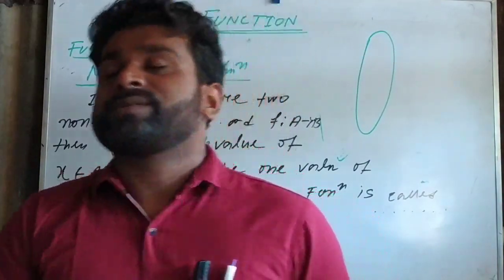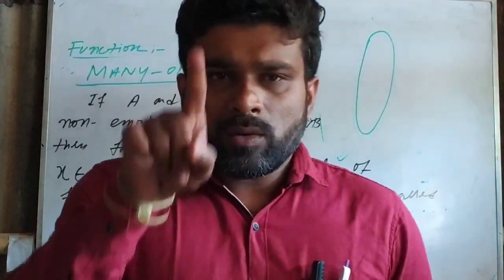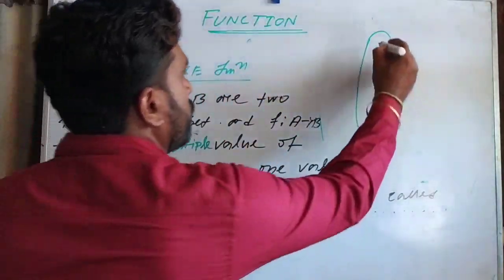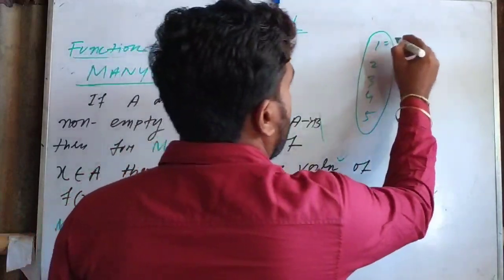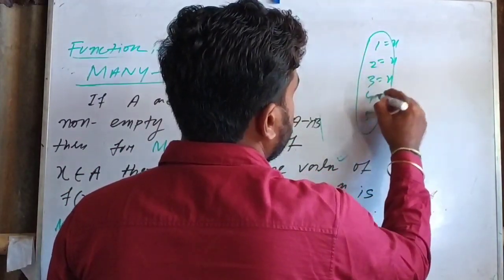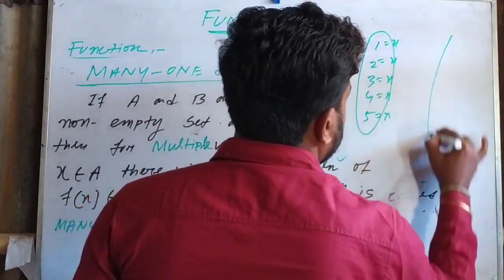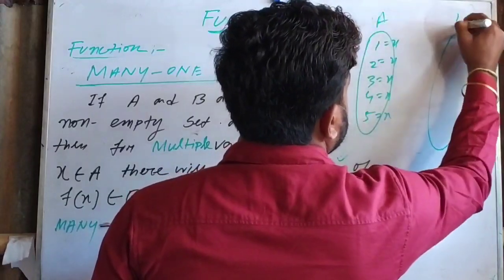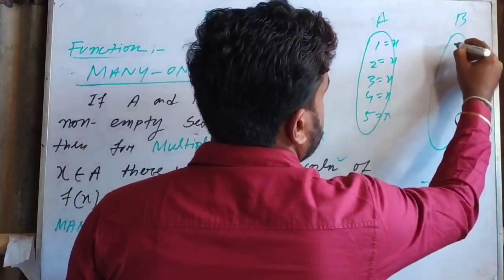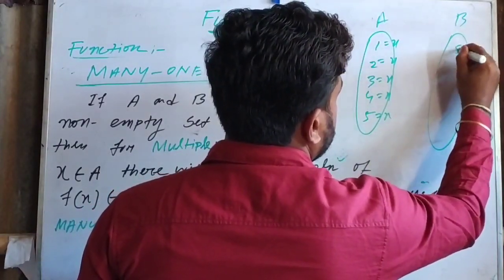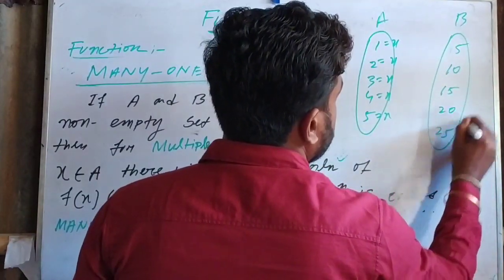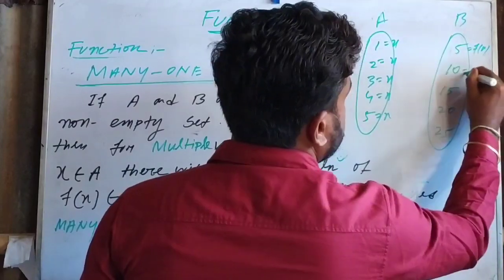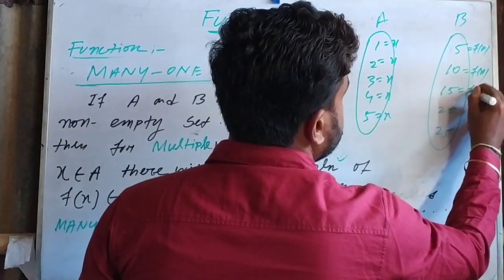Now you can see the regulator has 1, 2, 3, 4, 5 different inputs, in set A, and this is set B. The fan speeds I gave, suppose, are 5, 10, 15, 20, 25. These are all the values of f(x), that is the output image.